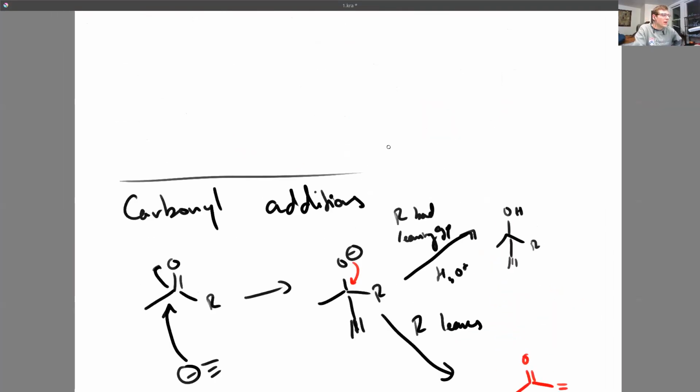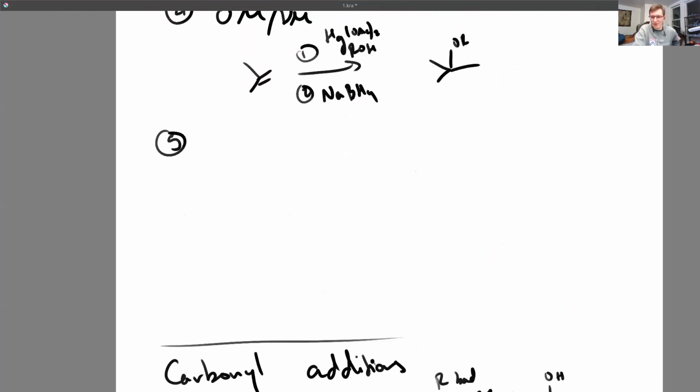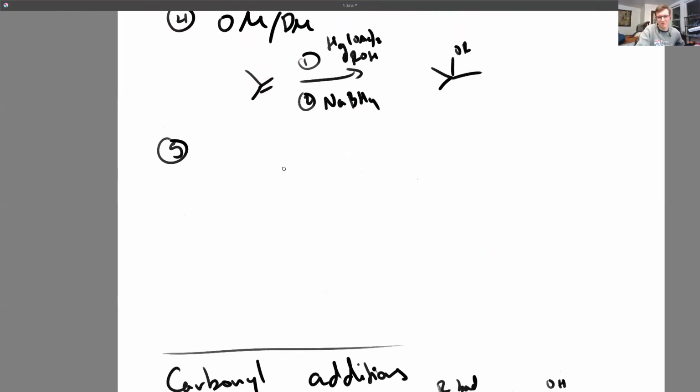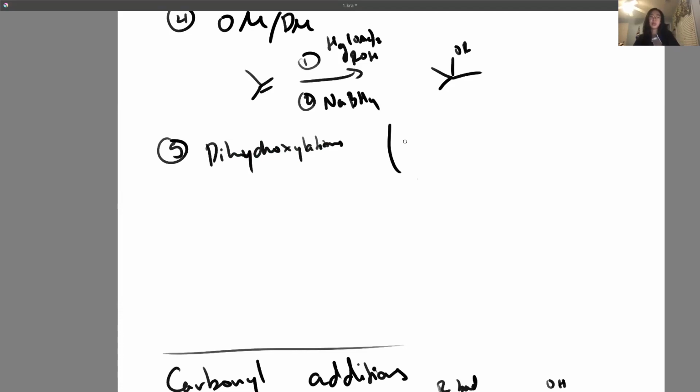And then I guess there's a couple more that I've seen come up, and you could include these two. So there are dihydroxylations. What's one of the ways that you could dihydroxylate? Cold dilute potassium permanganate.